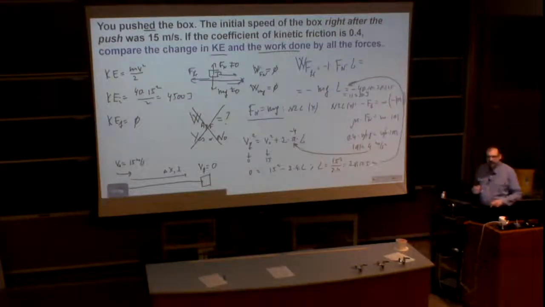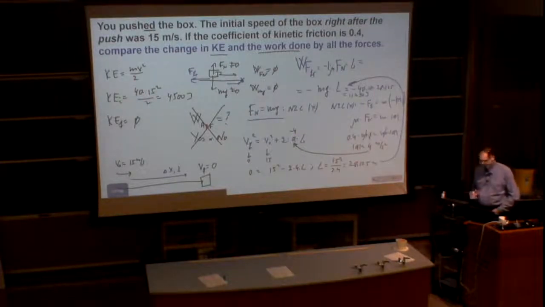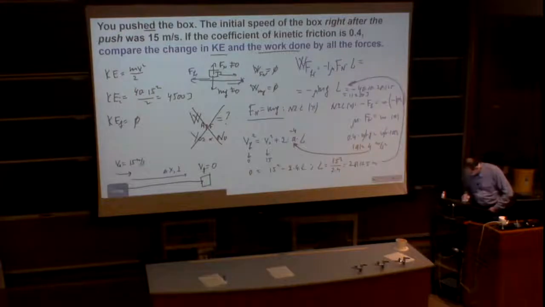Did you find the mistake? I missed the coefficient of friction for the work of friction. And here, it should go right here. So that's supposed to be an additional factor of 0.4.